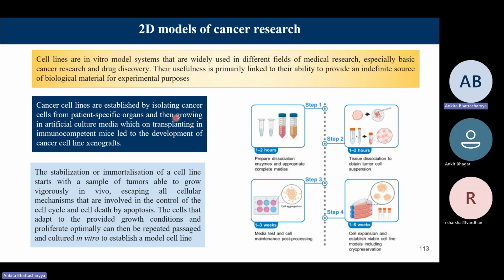Xenograft basically means simulation of a tumor within an in vivo model for your experiment. And this stabilization is possible because these cells are immortalized, they have overcome the barriers of senescence, and they are able to replicate indefinitely and can be passaged if you maintain the growth conditions.